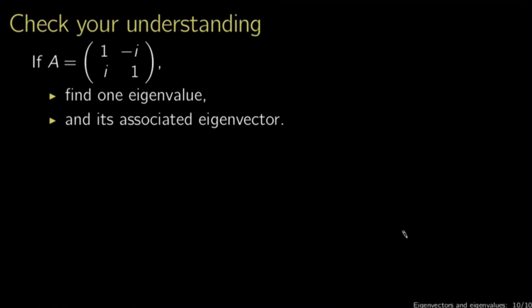Since this is a 2 by 2 matrix, and this matrix is also Hermitian, you know it's going to have 2 real eigenvalues, and the eigenvectors should be orthogonal, and you can go ahead and check those properties as well. But for now, just find an eigenvalue and its associated eigenvector. We'll be doing this sort of thing in the context of quantum mechanics, even with systems as simple as two-state systems where you have 2 by 2 matrices, later.